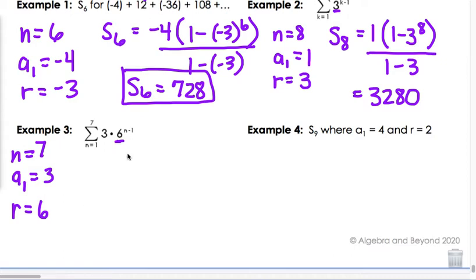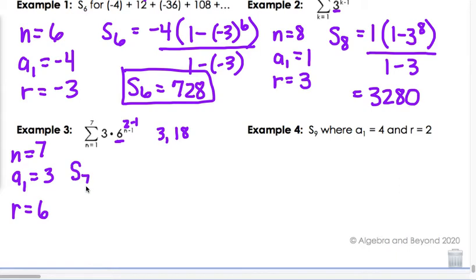Okay, and again, if you're not sure how to identify that, you can substitute in 2, right? 2 minus 1 will give you 1, so 6 to the 1 power, 6 times 3 is 18. 18 divided by 3 is 6, right? So you'd have 18 over 3, and you would just do that division to get your common ratio.